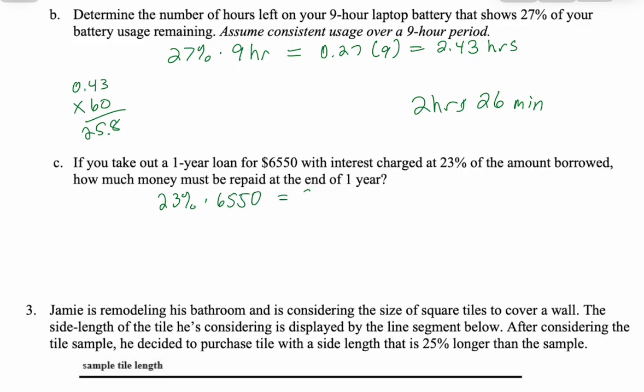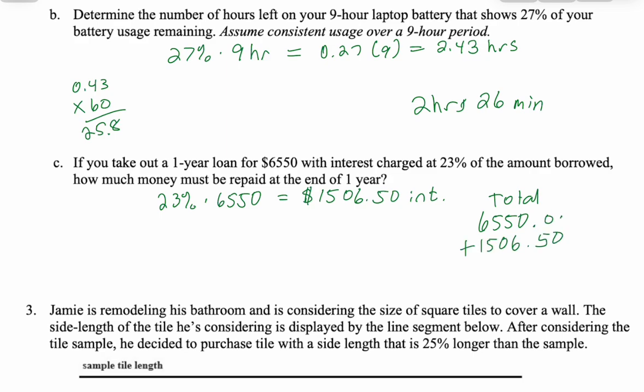And then if we do that, we get $1,506.50. Now, again, you can put 23 over 100 or 0.23 in your calculator. Both are going to accomplish the same thing. Now, that is your interest. So the total that you have to repay would have to be the 6,550 plus the 1506.50.